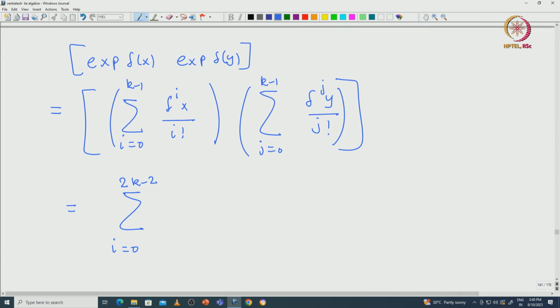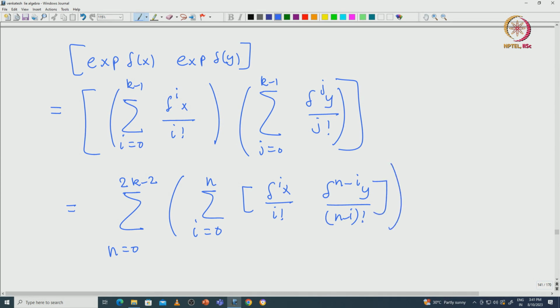It will be clear why I want to do that. Let us change some indices. This is n from 0 to 2k minus 2, where i ranges from 0 to n, so that this becomes delta i x divided by i factorial, and delta n minus i y divided by n minus i factorial. This is what we get.